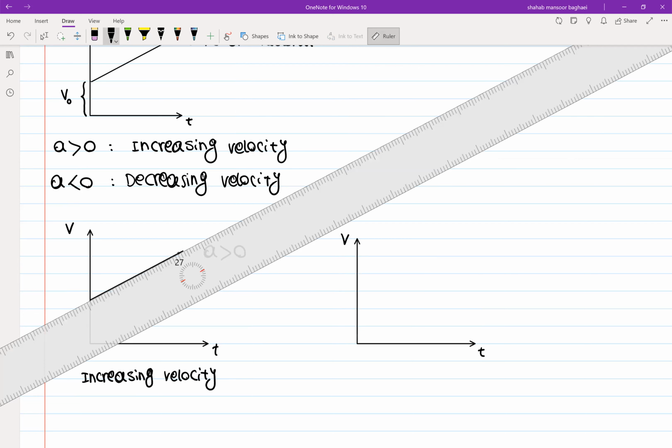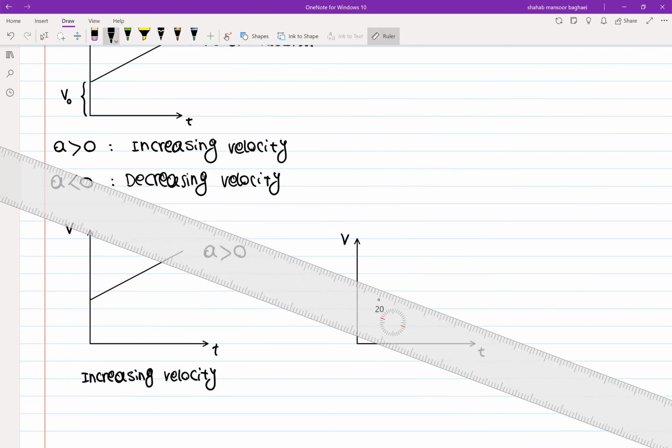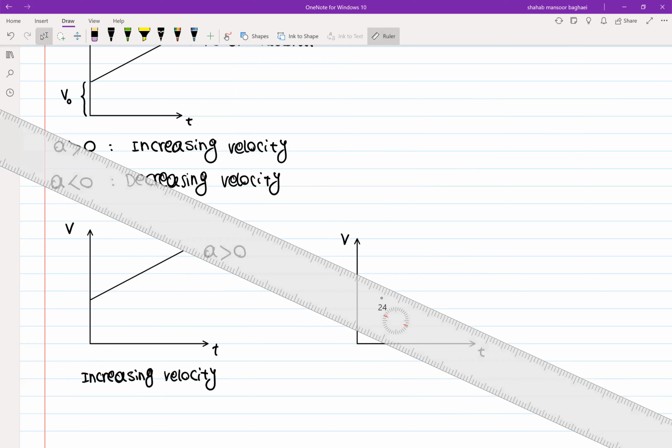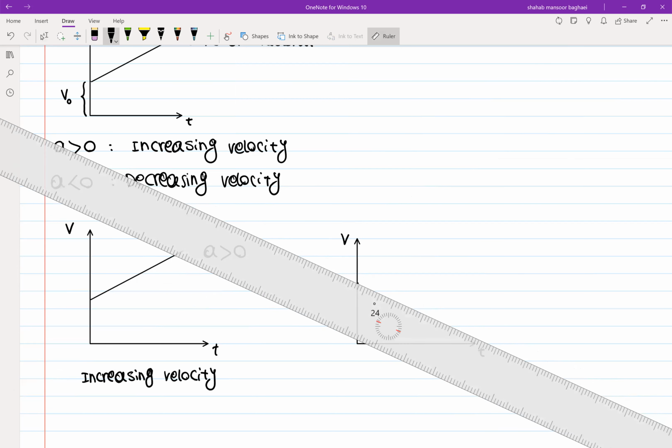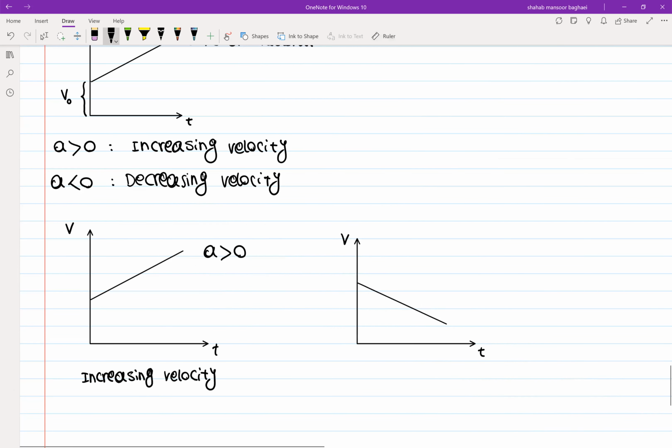And here you have decreasing velocity, which is here. Therefore, look at this one, from here to here, it is v0, the initial velocity. But here, a is negative. Therefore, you have decreasing velocity.